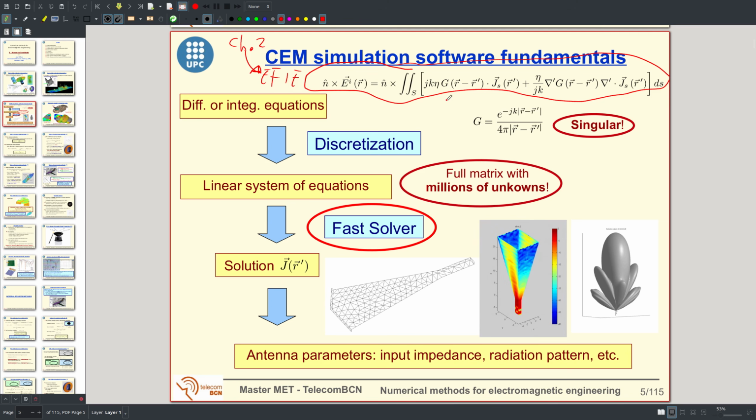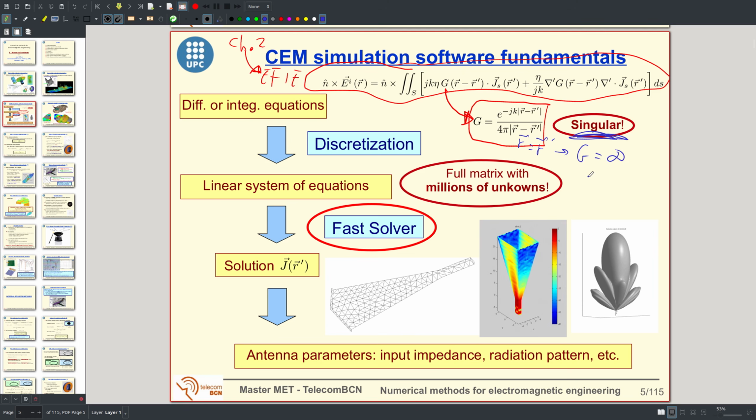And here we have an integral equation with a convolution with an impulse response that is the Green's function, and very importantly, this Green's function is singular. The denominator becomes 0 when r equals r prime. The Green's function is infinite.